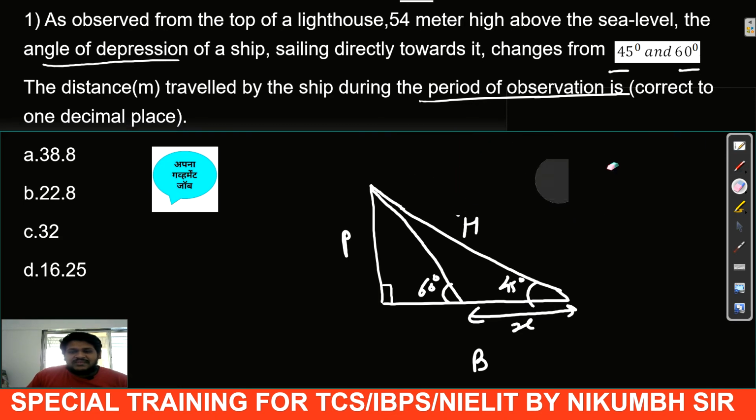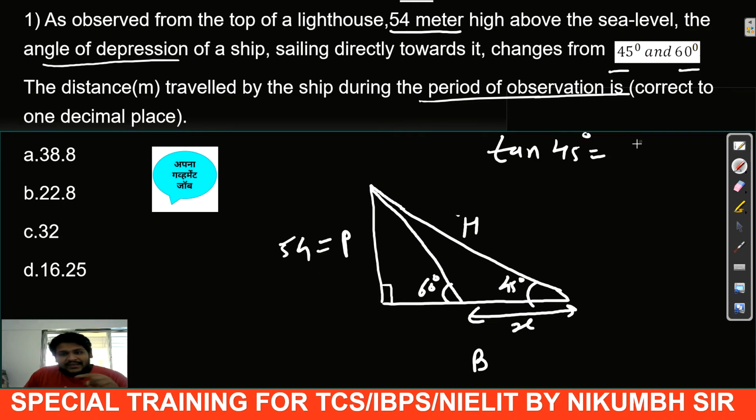First I will solve for the big triangle. For the big triangle, tan 45 is perpendicular upon base. Here they gave me the 54-meter height of the lighthouse, so p is equal to 54, so 54 upon base. The value of tan 45 we just discussed is 1.